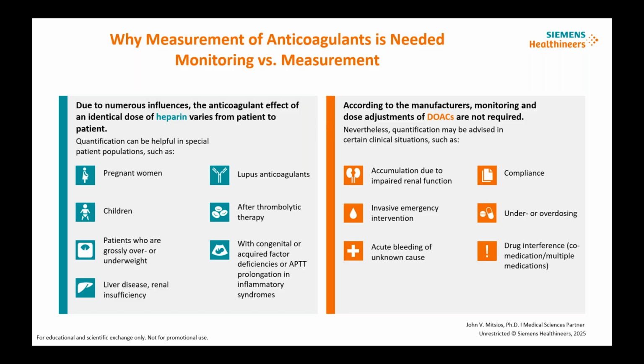For example, in a patient who has accumulation due to some impaired renal function, we saw that some of these medications can be renally cleared. So dabigatran, for example, is a good example because 80% of it is renally cleared. So being able to quantify, saying, well, am I getting enough of this? Is this anticoagulant being retained? The same thing applies with rivaroxaban. What happens in an invasive emergency intervention?